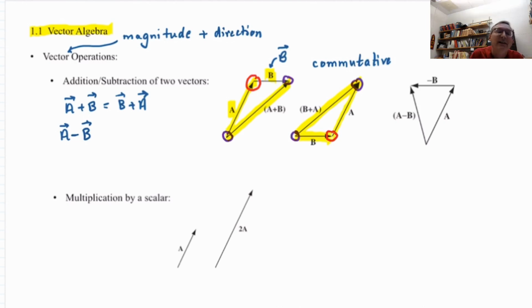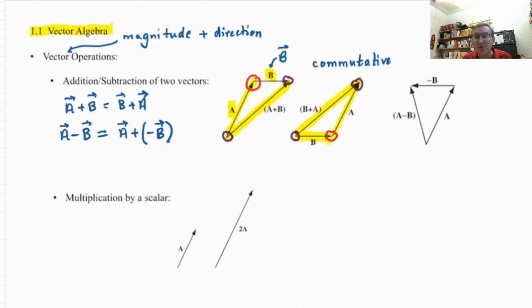It's still actually vector addition, basically. You take the vector A and you add to it the vector negative B. Now, what is the vector negative B? It is exactly the same as the vector B, except its direction is exactly reversed.